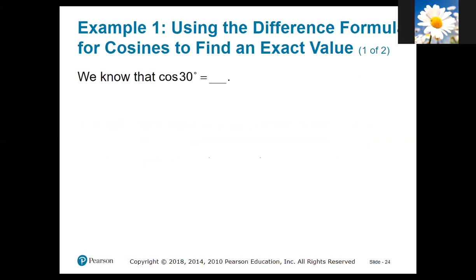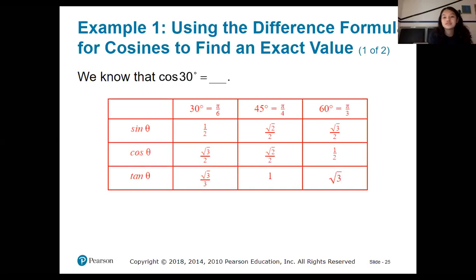So how do we find an exact value? We know that the cosine of 30 degrees is radical 3 over 2. In case you forgot, that's why we made that table, right? You're going to see how the table and the unit circle start to play a part now in everything you do.